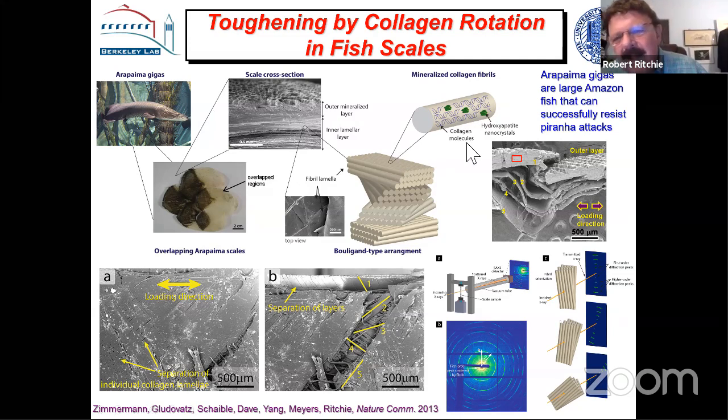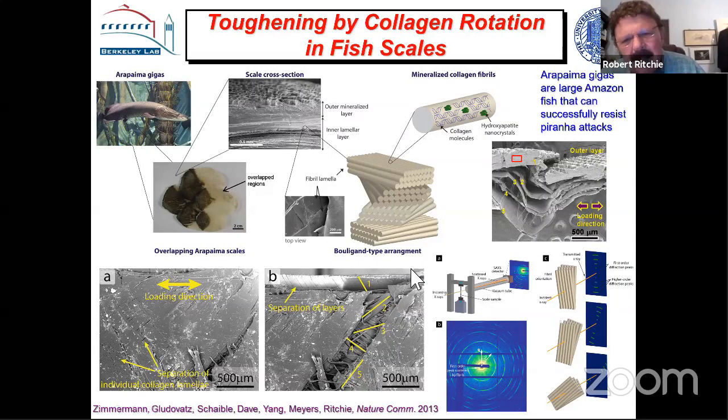Actually, Mark, who goes to Brazil quite a lot, got some Arapaima teeth, and we did that from the perspective of doing a hardness test. But the intriguing thing here is not that hard surface layer, it's the subsurface tougher layer. How does it generate this toughness that accommodates this massive deformation?